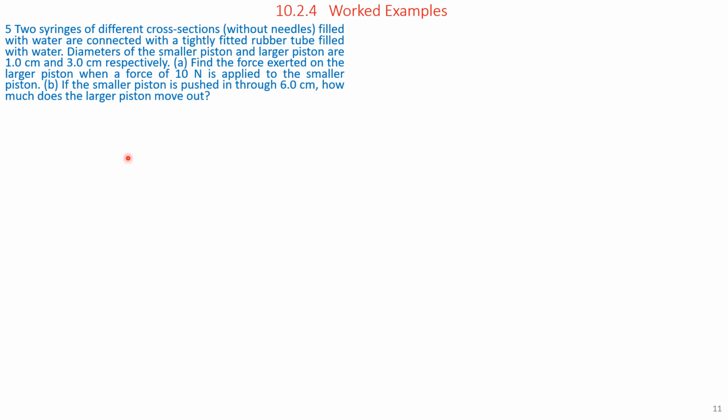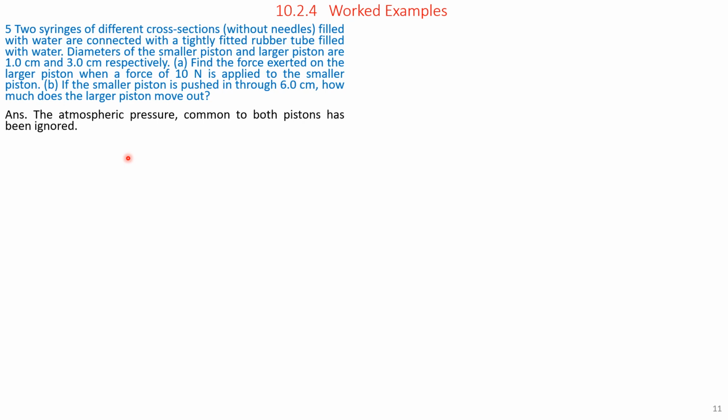Diameters of the smaller piston and larger piston are 1 centimeter and 3 centimeters respectively. There are two parts in the question. Part A: find the force exerted on the larger piston when a force of 10 newtons is applied to the smaller piston. Part B: if the smaller piston is pushed through 6 centimeters, how much does the larger piston move out? Let us answer it.